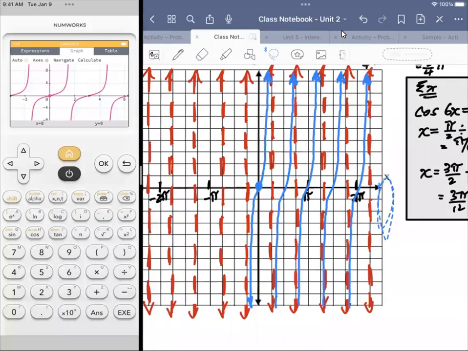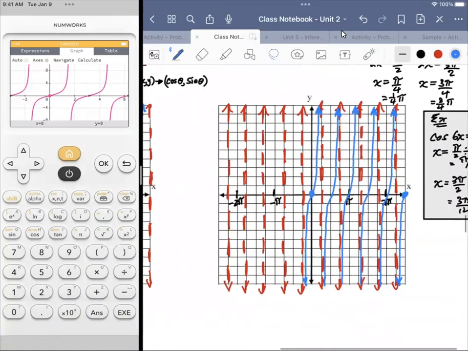Now, there is a little extra bit of domain here. So I can put my graph in, but some of it's going to go off the page. So I'll get rid of that. I don't need that. We run out of room right here. And that's going to happen on the other side also.